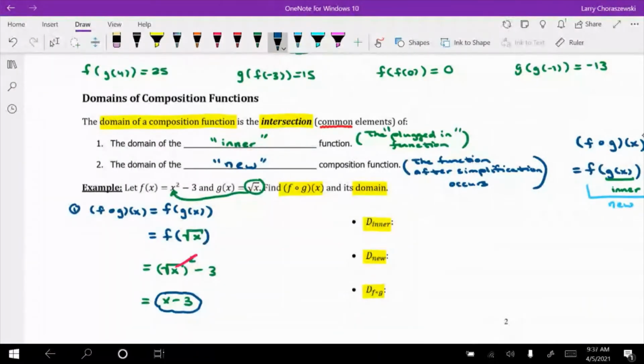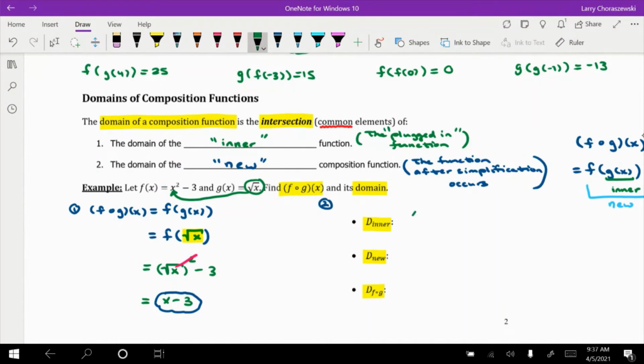And we're going to use it, in part, to help us find the domain. Let's start with d inner. The function that we plugged in was the square root of x. And we know that we're not allowed to plug any negative numbers into the square root function.